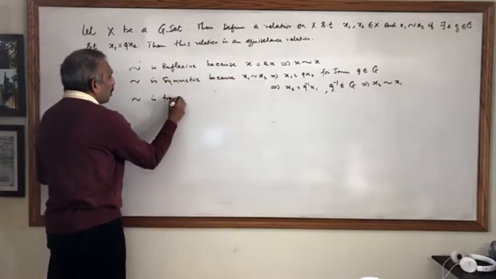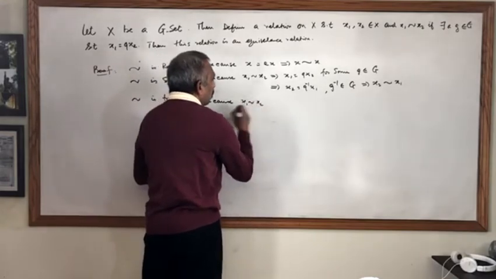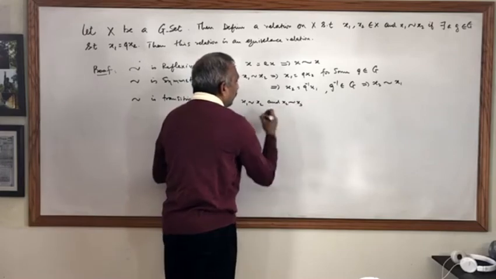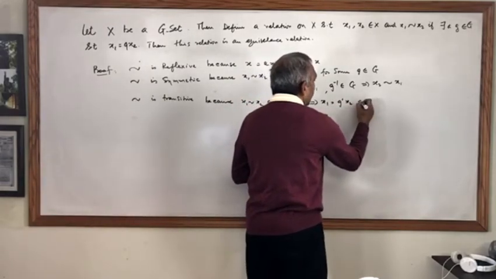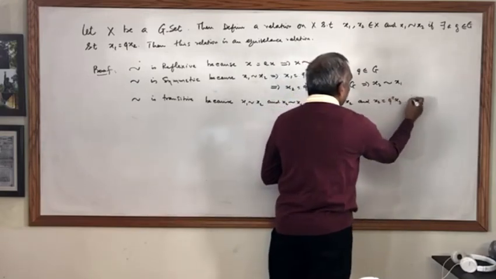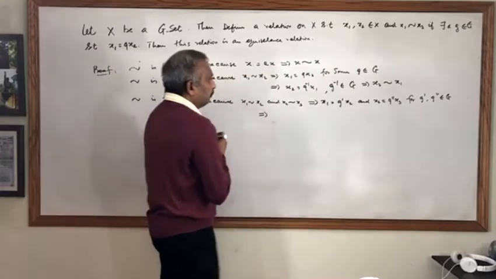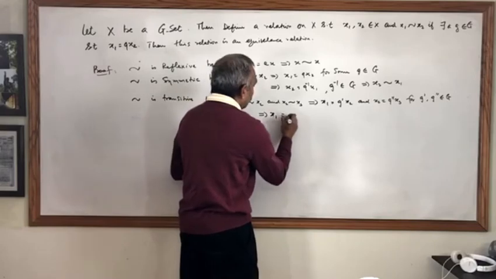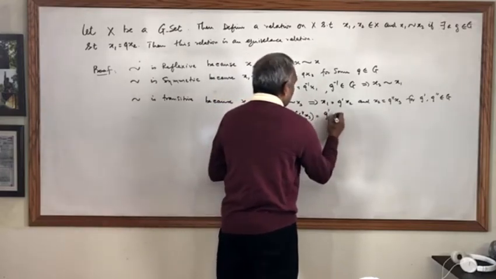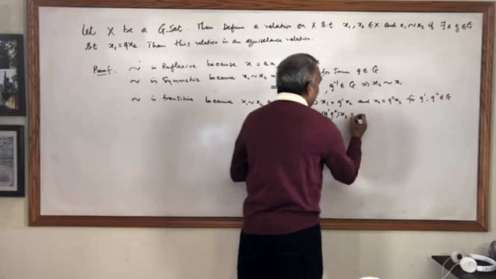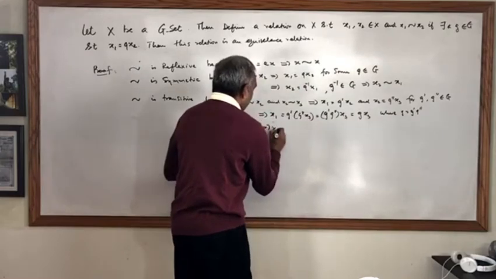It is transitive because x1 related to x2 and x2 related to x3 implies x1 is equal to g' x2 and x2 is equal to g'' x3 for g', g'' belonging to G. And that implies x1 is equal to g' g'' x3, and that is equal to g x3 where g is equal to g' g'', and that implies x1 is related to x3.